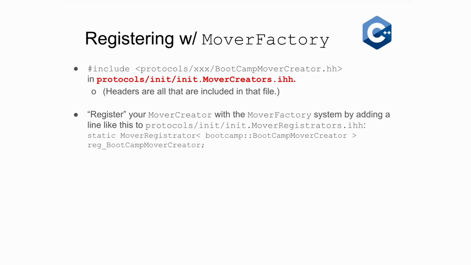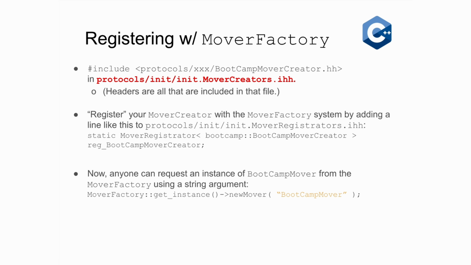So you'll need to add your lines for your creator there. Now once you add those, an instance of the bootcamp mover can be requested using the MoverFactory with the string that matches the name of your mover.